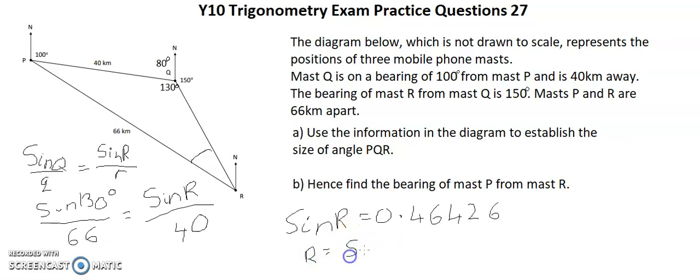So I'm doing the inverse of sine 0.464. That tells me that my R value is 27.6 degrees. I'll round it up to 28 degrees. So that gives me my angle right here.